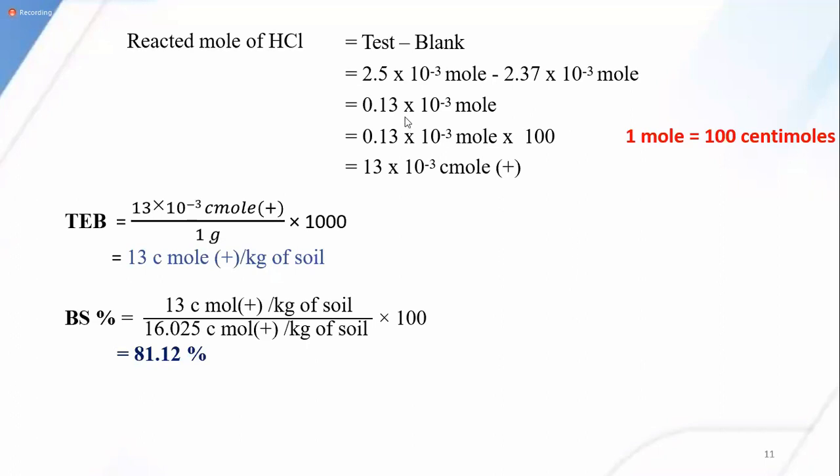Yes, ma'am. Can you tell the equation for the base saturation? Proportion of basic cations in percentage to the total cation on the soil complex. Okay, so you can simply say total exchangeable bases divided by cation exchange capacity, and then you can multiply by 100.